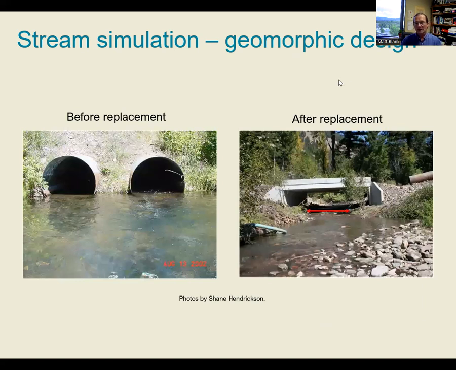So a couple of examples of this approach in practice. This is a before picture. These two culverts were in the river prior to the replacement. They were identified as potential velocity barriers, so it was determined that they should be removed, and they were replaced using a geomorphic design. And here's the new channel.